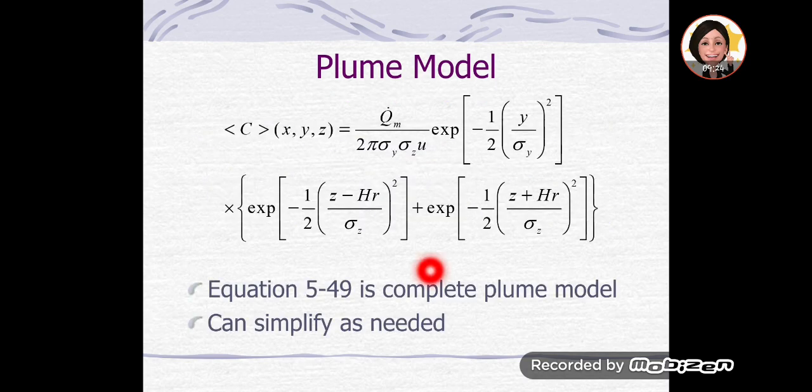So this is the equation for the plume model in the x, y and z direction. This is for the y and z direction, and then we have an additional term. It's the same equation, but it's positive here and negative here. Why is that so?